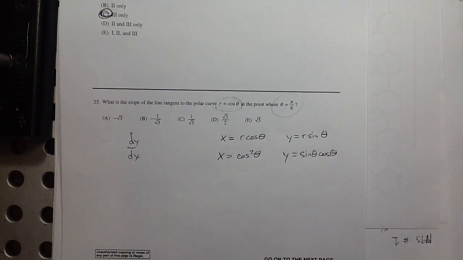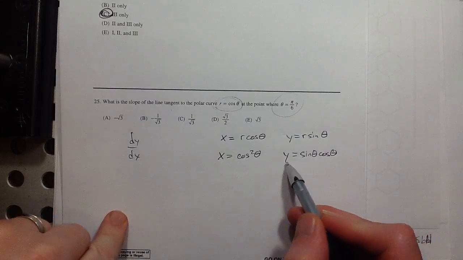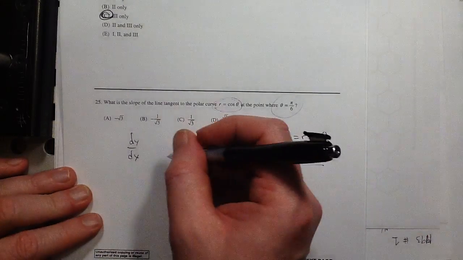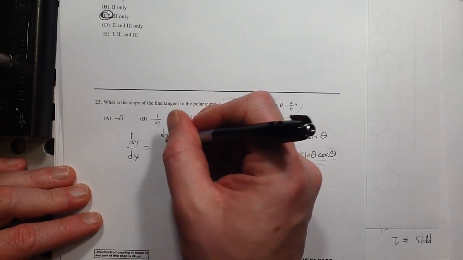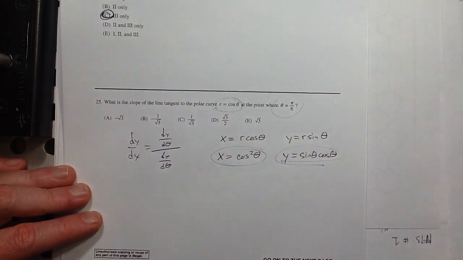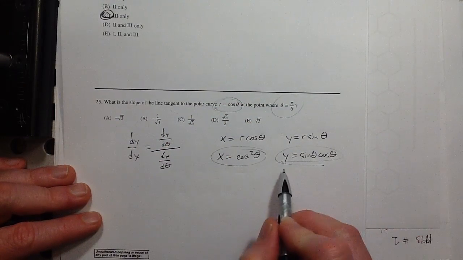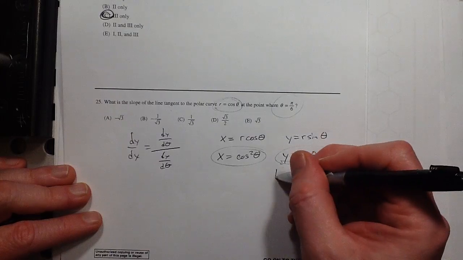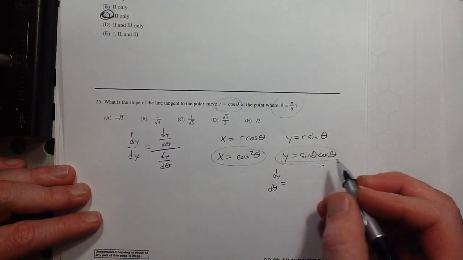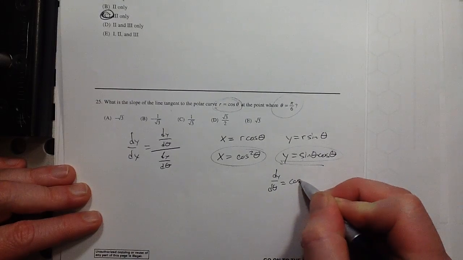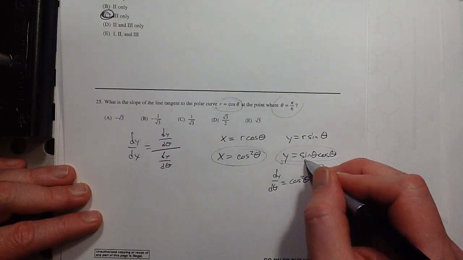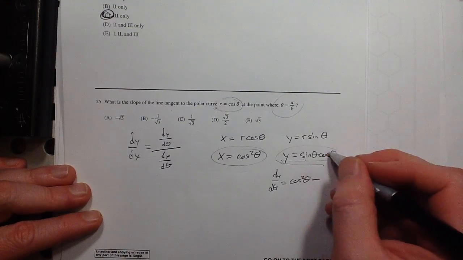Right? So if you want dy dx, I've got to find the derivative of this and put it over the derivative of this. So dy dx is equal to dy d theta over dx d theta. Okay, so let's find the derivative of this. So dy d theta, using the product rule, derivative of the first times the second minus the first times, plus, but it's going to be minus.